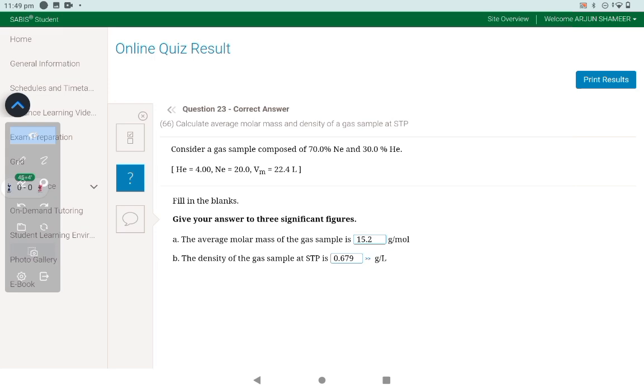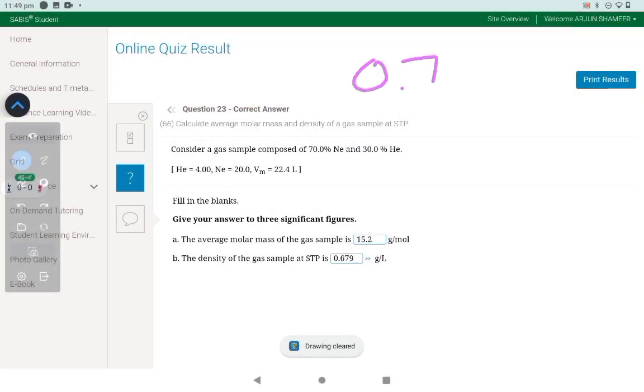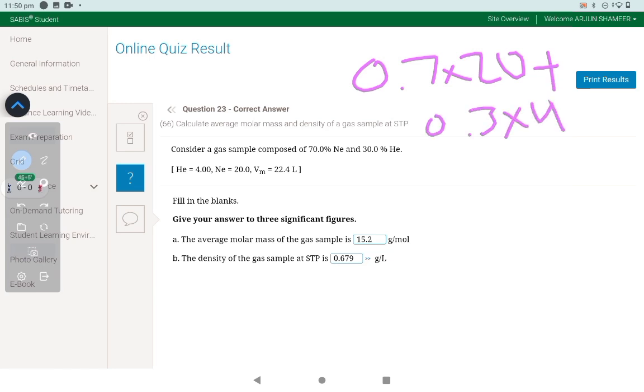So 0.7 multiplied by 20 plus 0.3 multiplied by 4. We're multiplying the percentage by the molar mass to find the average molar mass. So when we do that, we get 15.2.